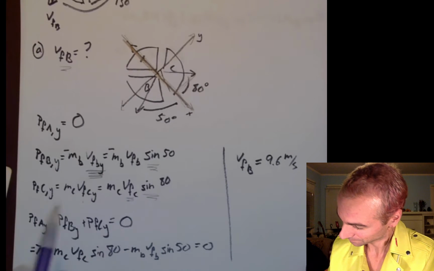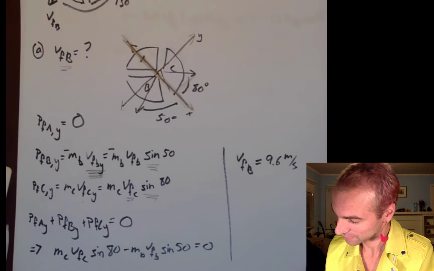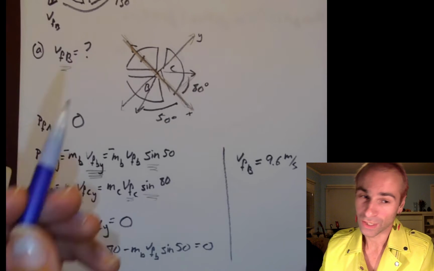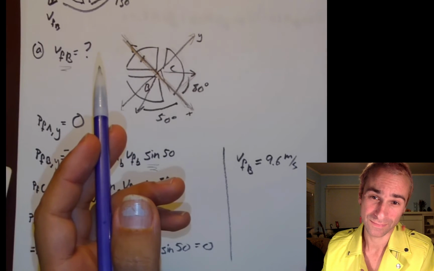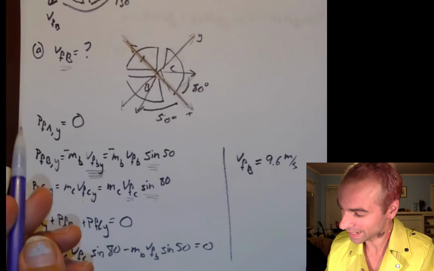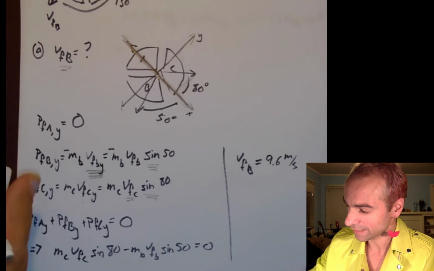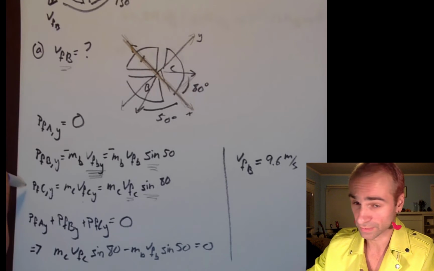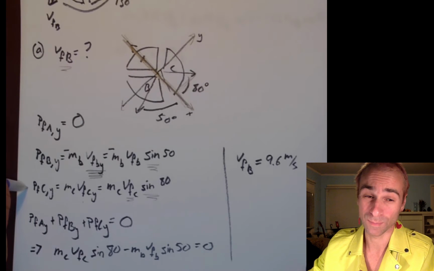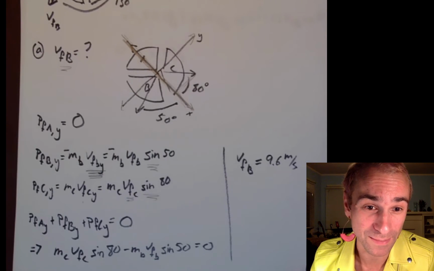All right, so here's the thing though. We know that momentum is conserved. That means the initial momentum is equal to the total final momentum. If I add up all of these final momentums, this one and this one, they should be equal to my initial momentum. But what is my initial momentum?